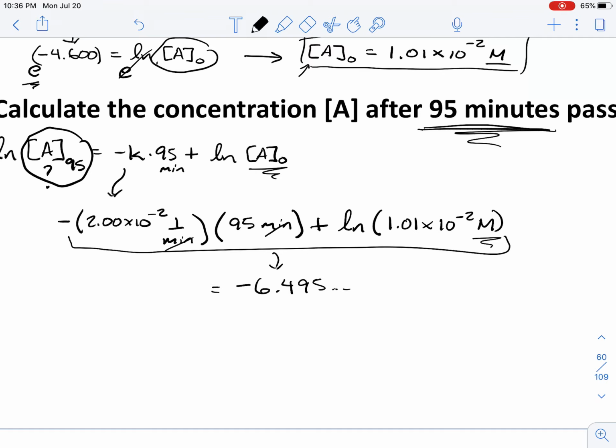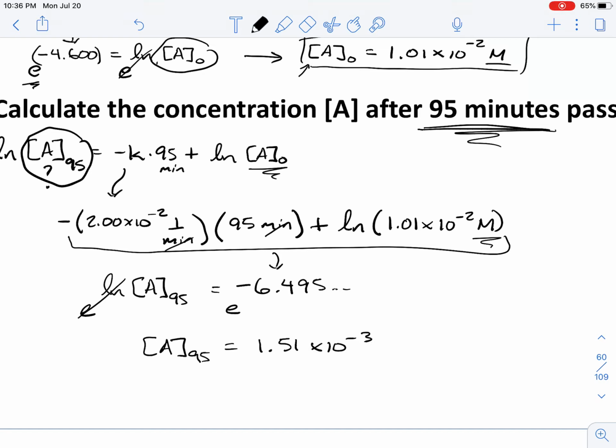So that's going to equal the natural log of the concentration of A sub T. Okay. So I'm going to go ahead and e both sides. And okay, I'm getting a better answer. So the concentration of A after 95 minutes has passed is going to be 1.51 times 10 to the negative 3.